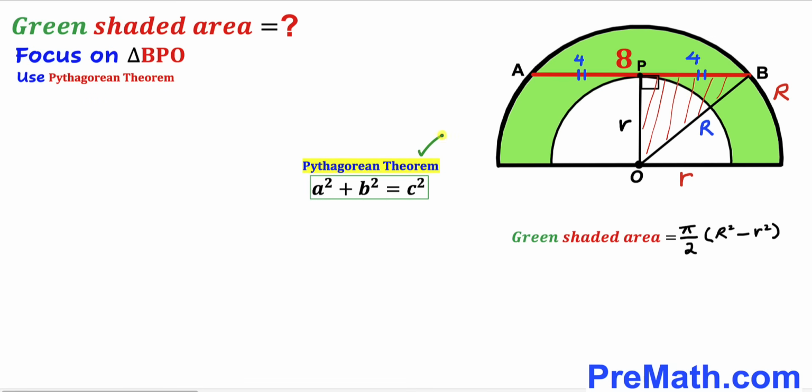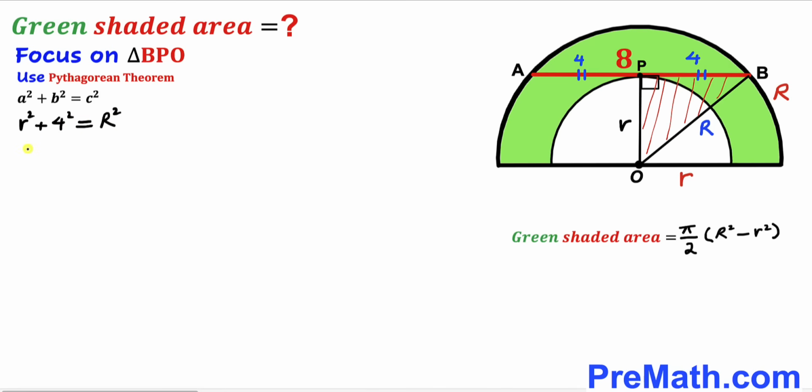Here's our Pythagorean theorem: a square plus b square equals c square. In our case, our hypotenuse is uppercase R, whereas our two other legs are lowercase r and 4. Let's fill in the blanks. We get lowercase r square plus 4 square equals uppercase R square.